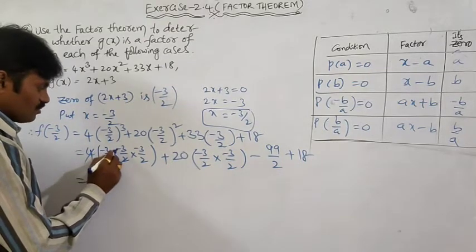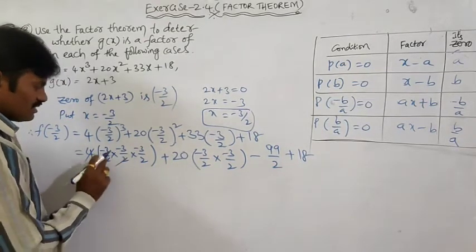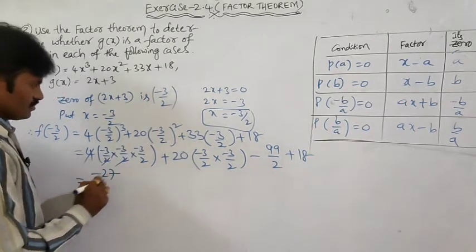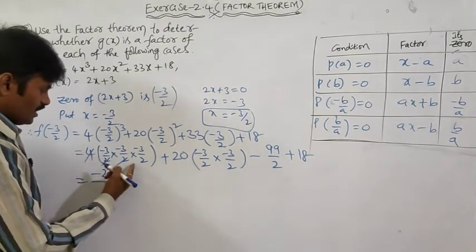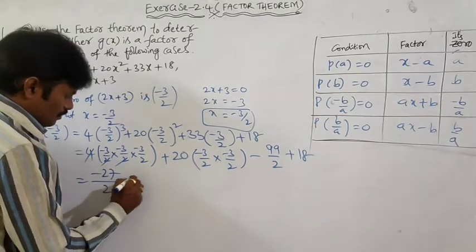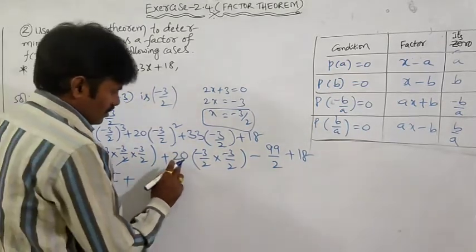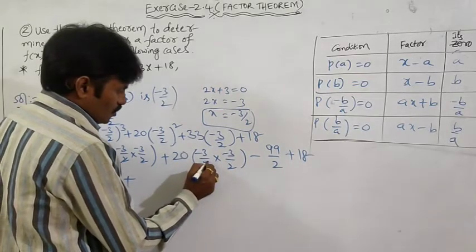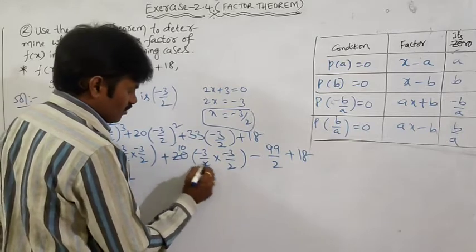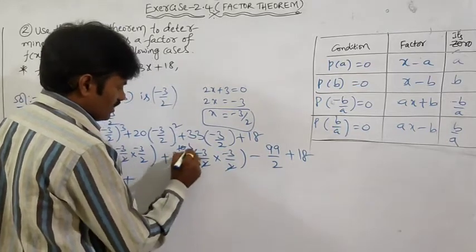Yes, minus into minus plus, plus into minus minus. 3 into 3, 9, 9 into 3, 27. By, what is the denominator? Here 1 into 2, 2. Plus, now 2 into 2, 2 10s are 20, I am sorry, 2 10s are 20, again 2 5s are 10.